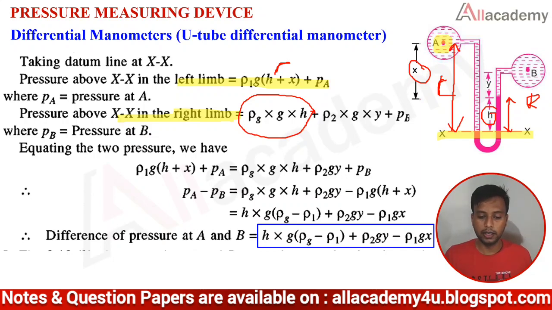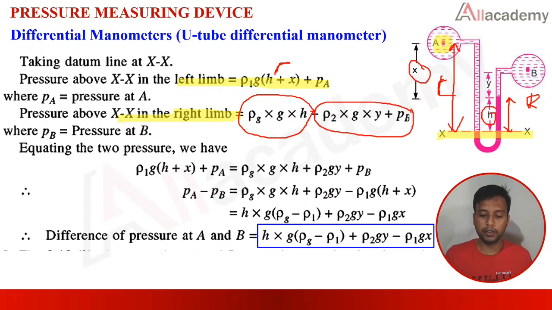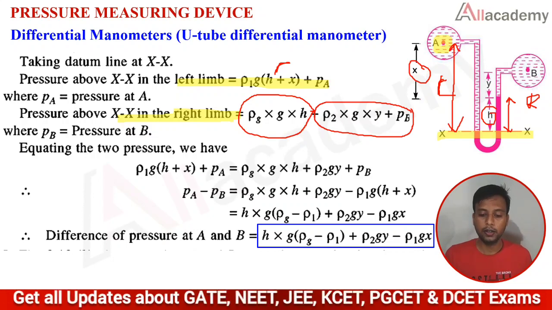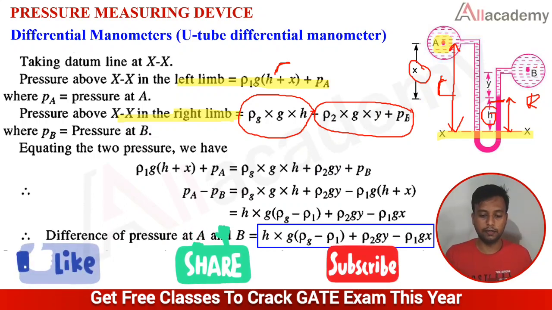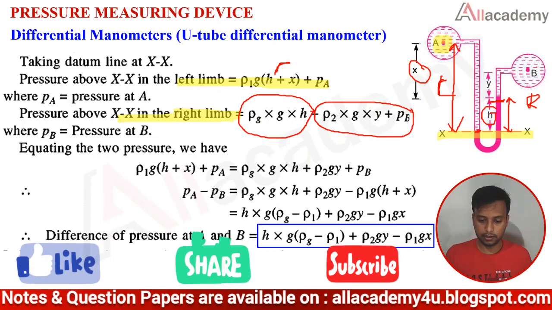Similarly, PB is the pressure at this point, and rho 2 is for the fluid above the mercury level, with g into y, where y is the distance from the mercury level. So the mercury level is on this side, which means I have to take this whole line.